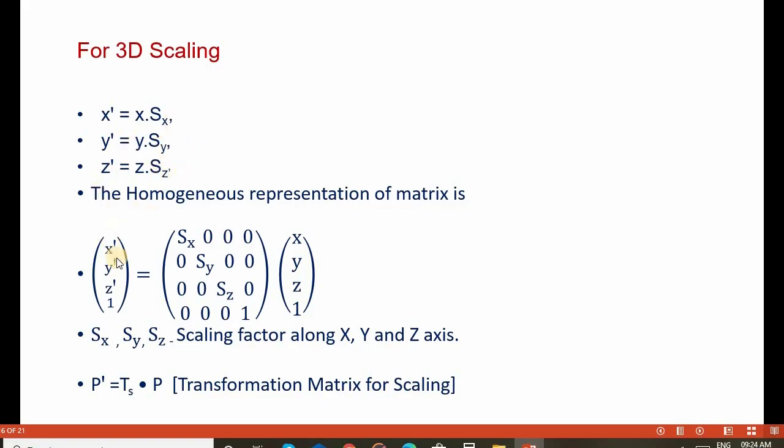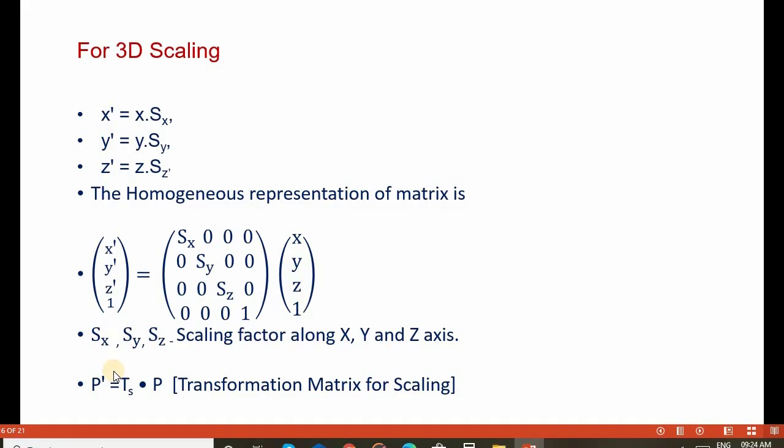Now the matrix is represented in the homogeneous form, such as x dash, y dash, z dash, 1 equal to sx 0 0 0, 0 sy 0 0, 0 0 sz 0, 0 0 0 1 times x, y, z, 1. After simplifying, we have the scaling matrix with sx, sy, sz.